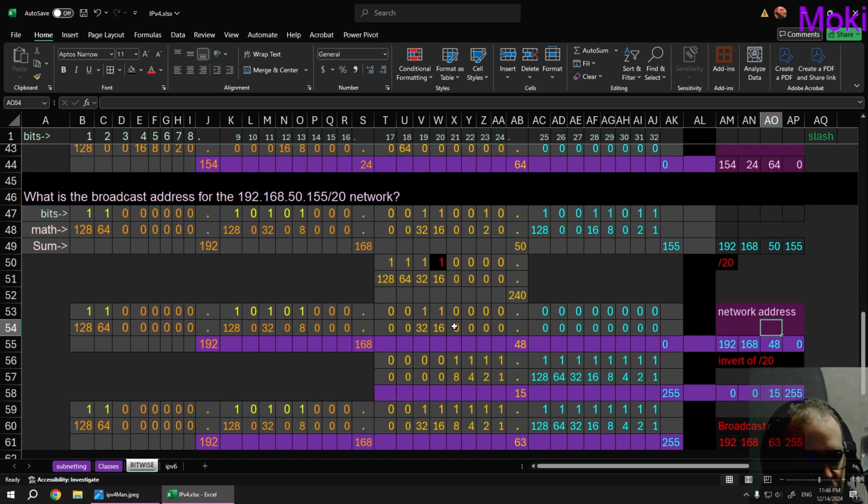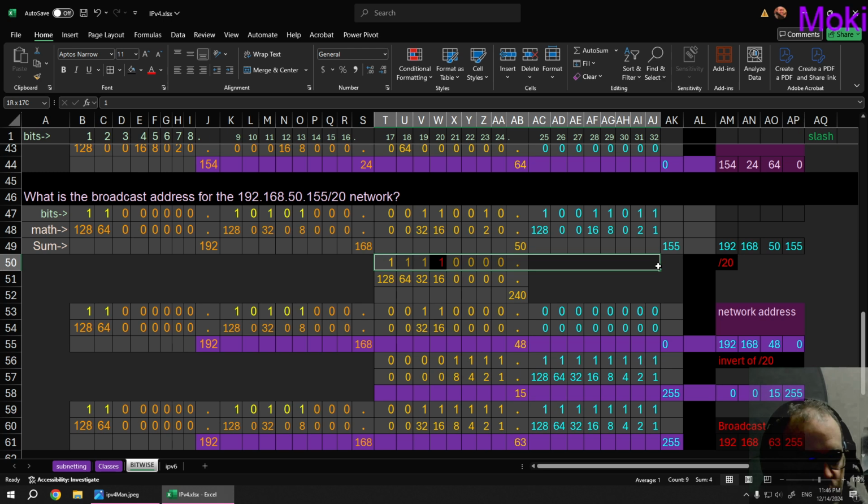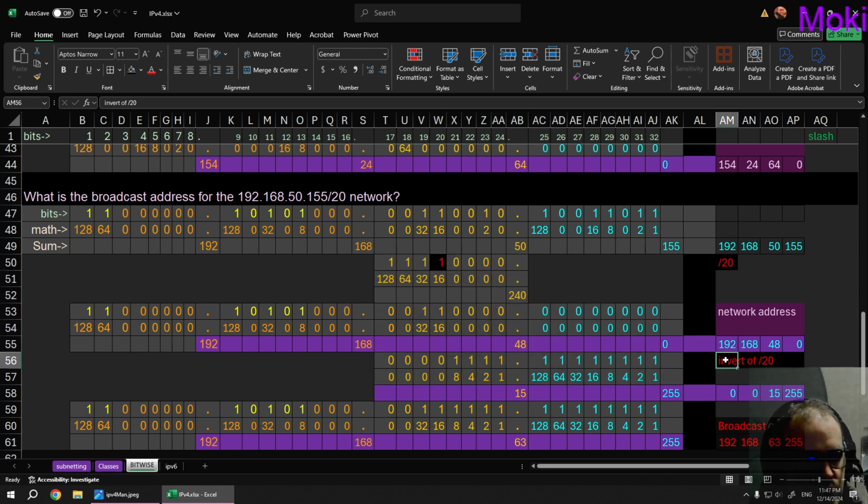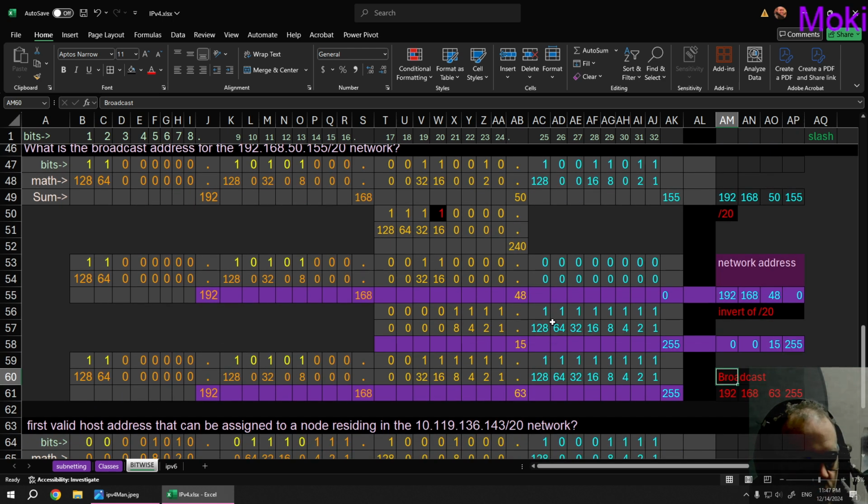Now it gets kind of crazy. From this part to here is inverted. It's also called a wildcard to get the broadcast address. Now we're going right and left.